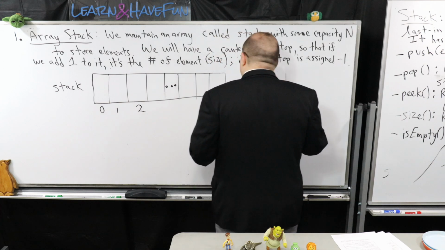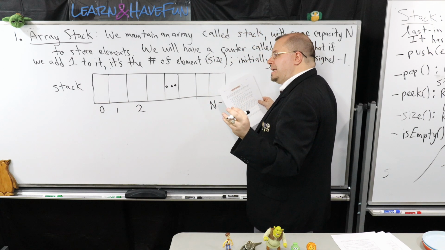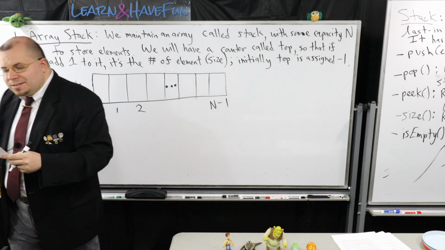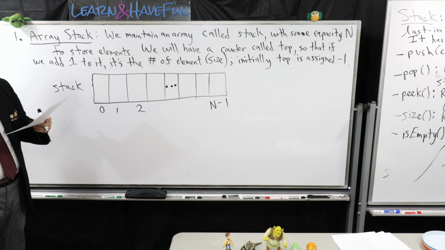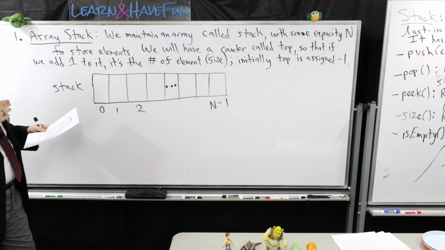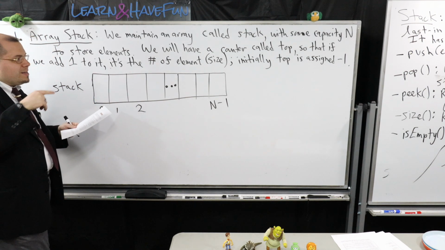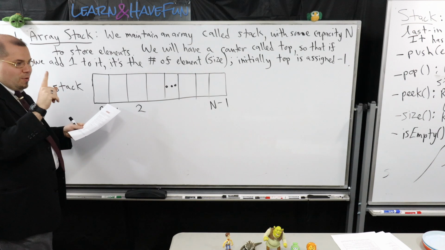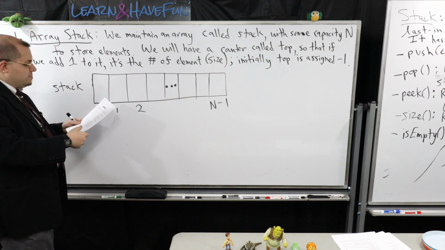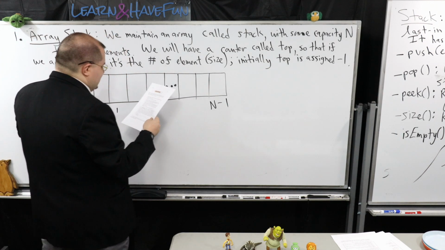And here's the thing. Whenever I put an element into the stack by pushing, I'm going to place it in a specific spot. Every single time I insert via a push operation, I'm going to increment that top counter by 1, and then place the element into the spot indexed by top.